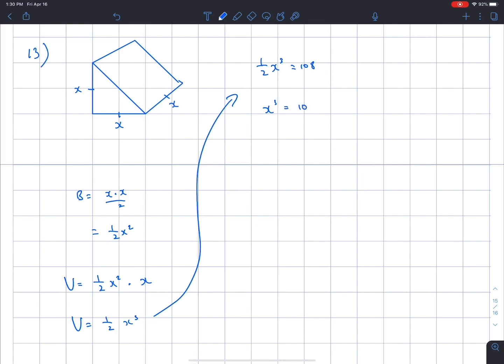Now you can cross multiply the denominator 2 over, because you only have one single term on each side. That's why you're allowed to cross multiply the denominators over. 108 times 2 is 216. And now we can just take the cube root of both sides to get x equals 6. And that's the height, because the height is x.